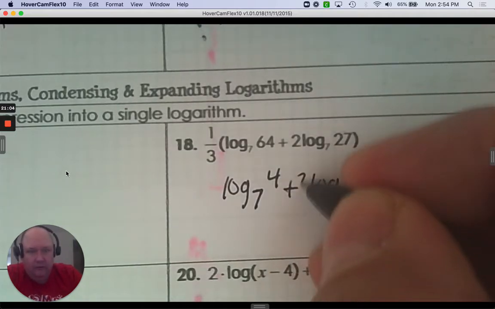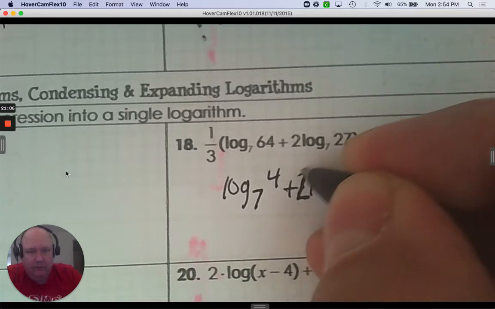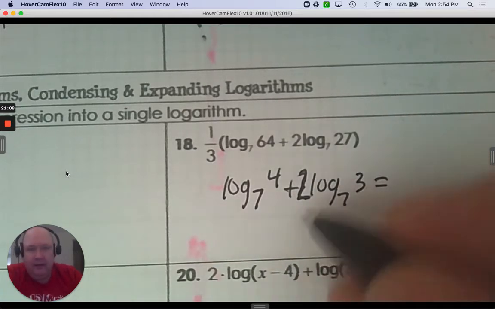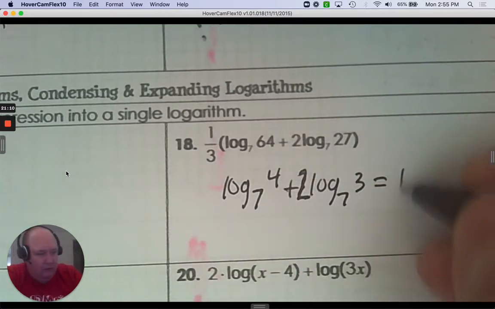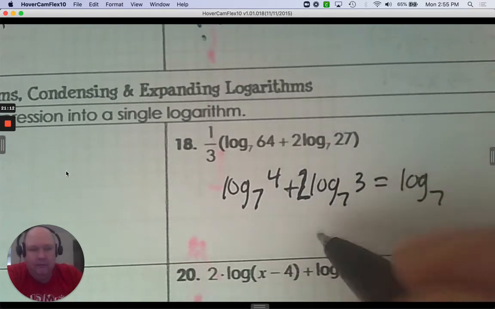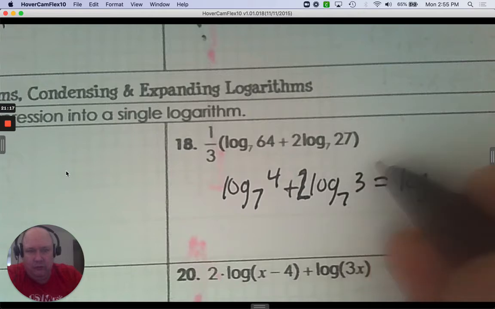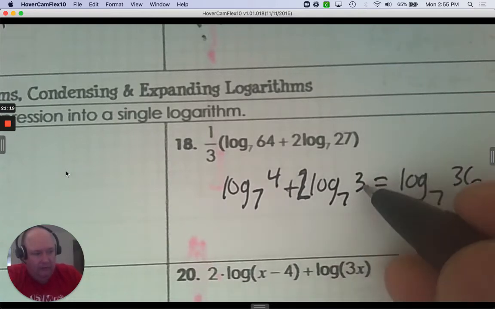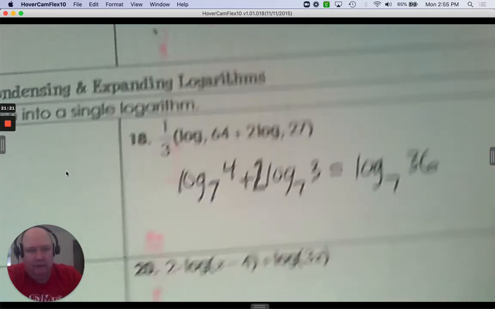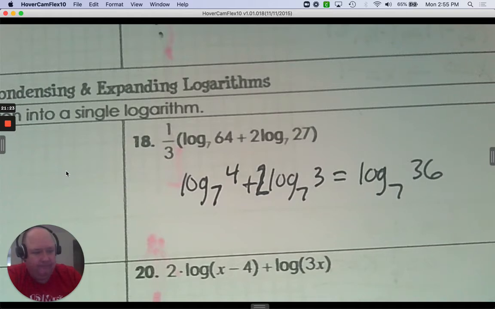Still have a 2 in front here. Now, if you're adding, you multiply them together. So this is 4 times 3 squared, which is 36. So 3 squared is 9, 4 times 9, and you have your answer.